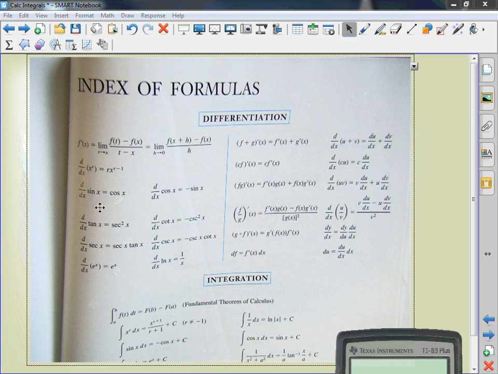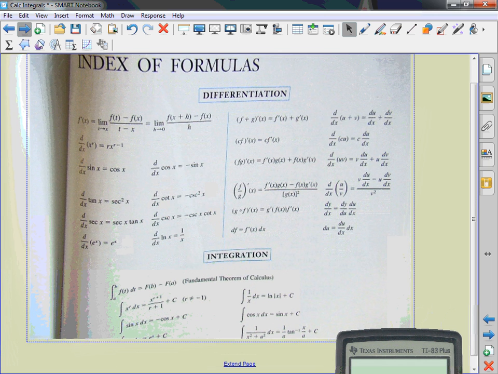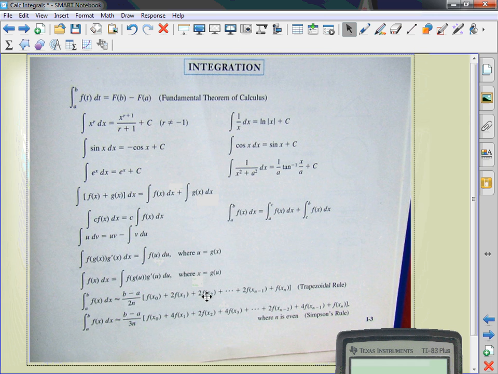Here's just a list of some derivatives. If you forget some of them, like the derivative of sine gets me cosine, so if I take the antiderivative of cosine, it gets me sine. So you look backwards to get the antiderivatives. On the bottom part, you have some integration rules.